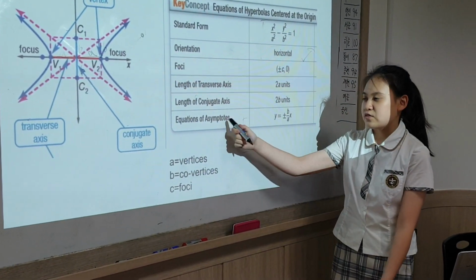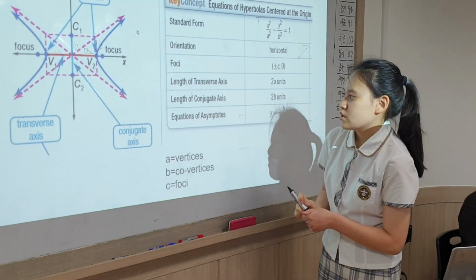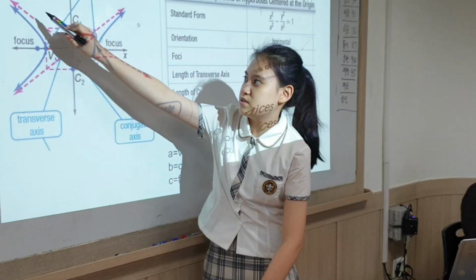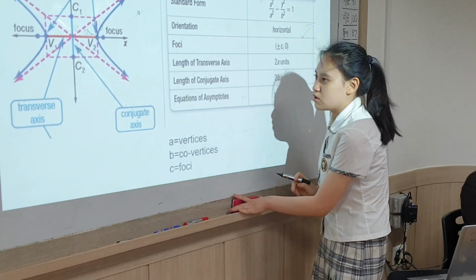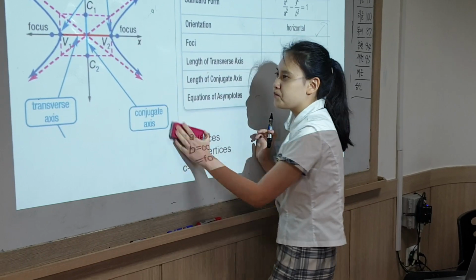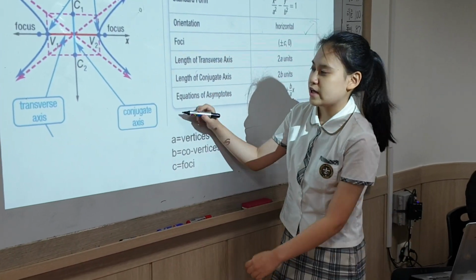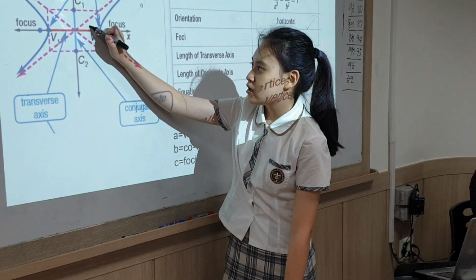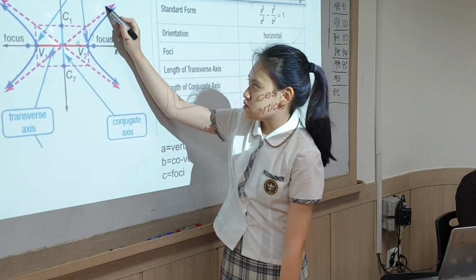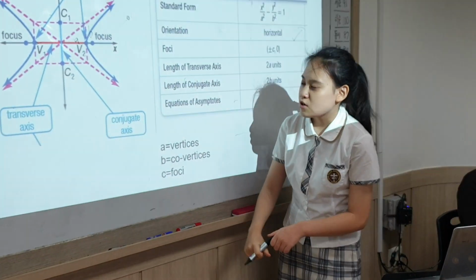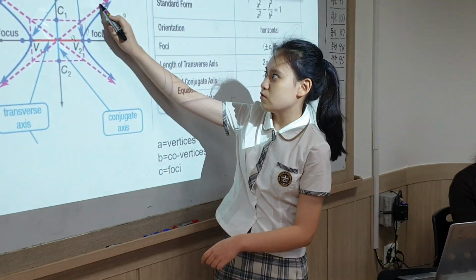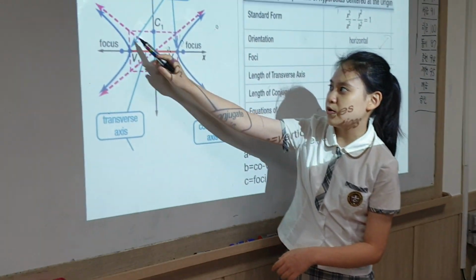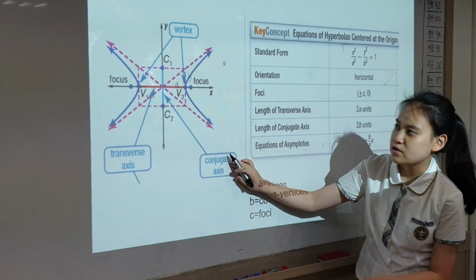And the equations of the asymptotes are the lines that never meet the hyperbola. It's just becoming closer, which is this line and that line. So what we have to do to get the equation of the asymptote is to find the slope using A and B. For this one, the slope will go upward, and from here the slope will become negative since it is going downward.